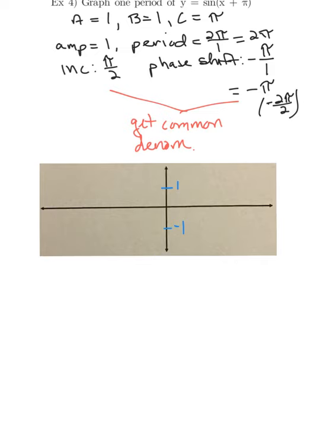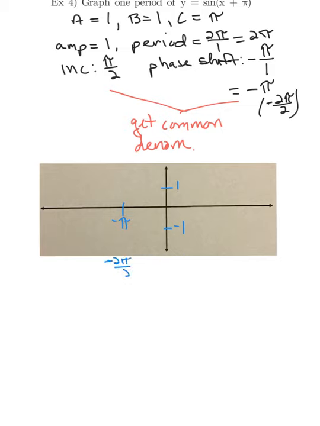So instead of starting at 0, because we have a phase shift of negative pi, we're going to take that whole graph and move it left to negative pi. So that means we're going to start at negative pi instead of at 0. Now remember that this is negative 2 over 2.